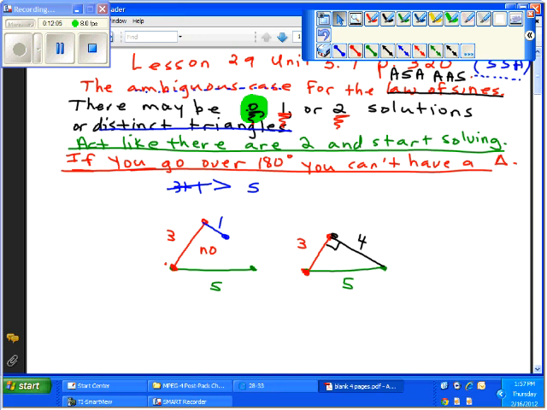And then you say, well, that's kind of cool. What if we had this side was 5? I kind of made it bigger just so you could see.